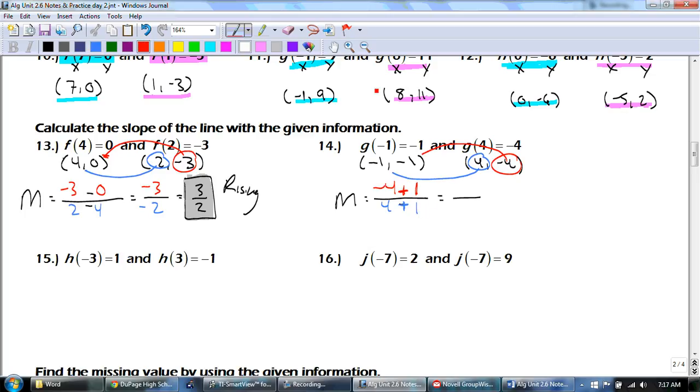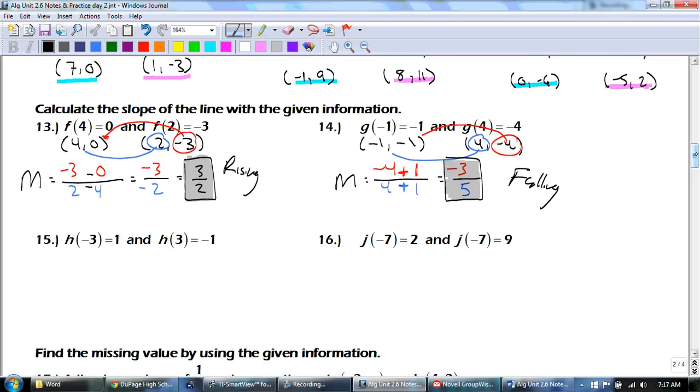Okay, -4 plus 1 is -3, and 4 plus 1 is 5. Now that does not reduce, so it's -3 over 5 is my slope. And then that graph is going to be falling.